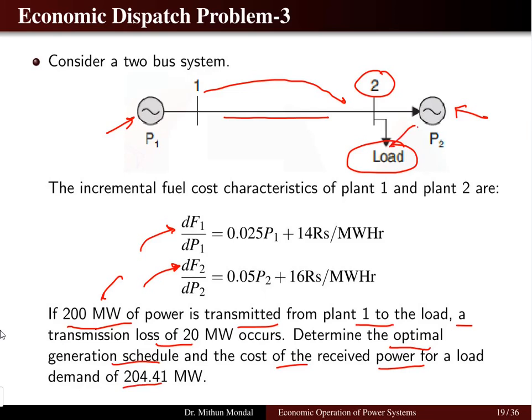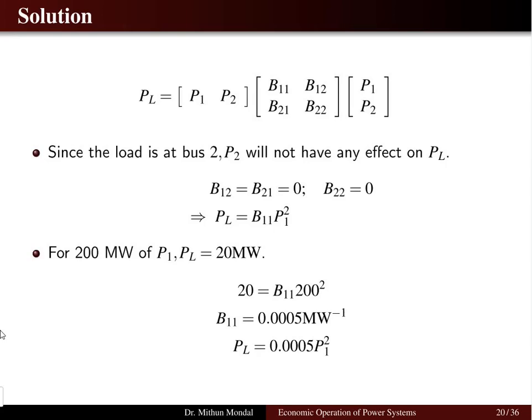So this load is demanding 204.41 megawatt, and 20 megawatt is going in the transmission losses involved with the transmission line. So we know the expression that we have set for power loss, P transpose times the constant matrix B times P, will be the total power loss.